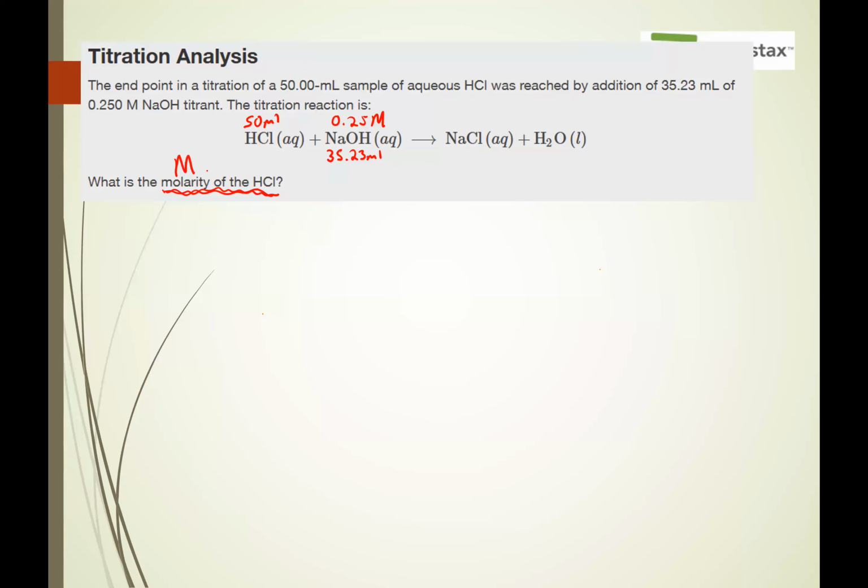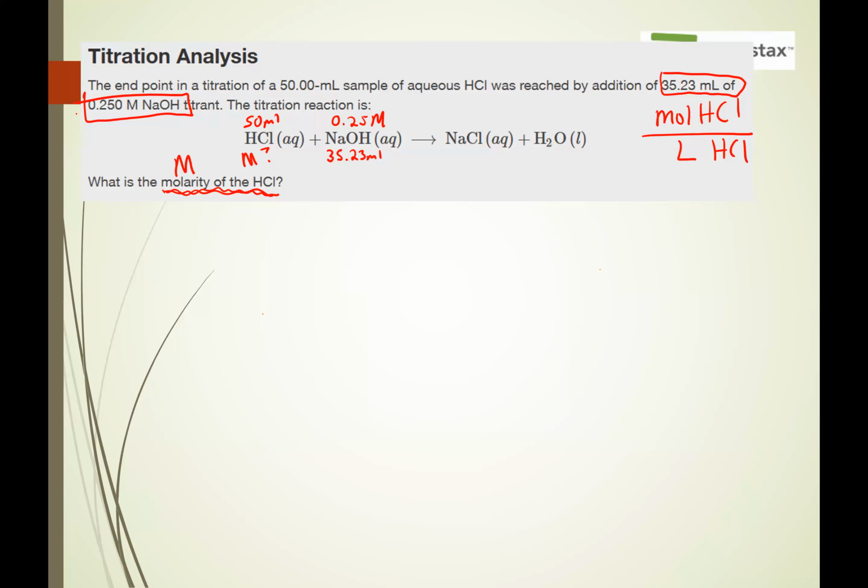Remember, molarity is big M. So in the end, we want molarity of HCl, which means moles of HCl per liter. See how this says 35.23 milliliters of this? That means they're going together. That's how we know that 35.23 goes with the NaOH. Okay, any other questions about where everything went?